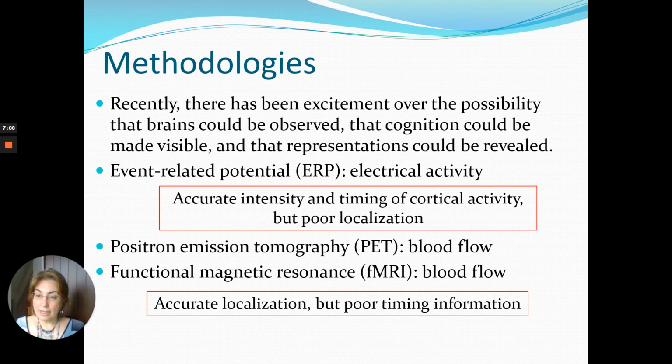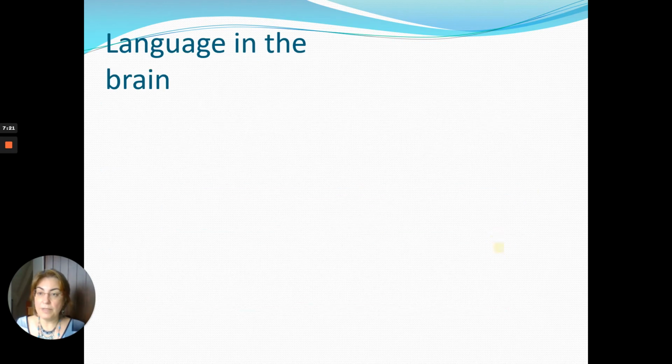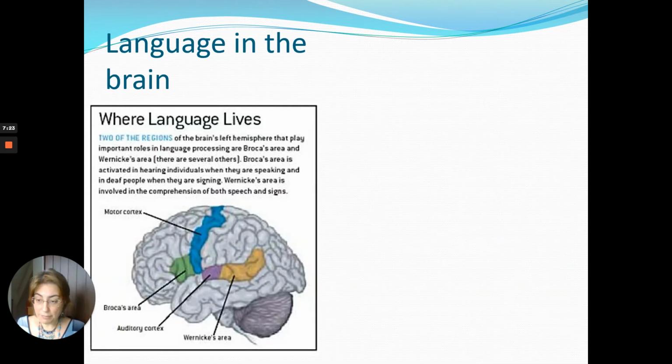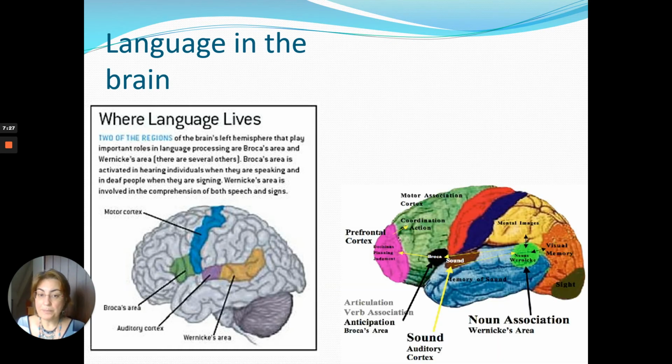Okay, so one has accurate intensity and especially timing, but poor localization, and the other techniques have accurate localization, but poor timing information. So it's not perfect. Nevertheless, we have managed to identify certain areas of the brain that are involved in the different cognitive abilities or in different tasks.